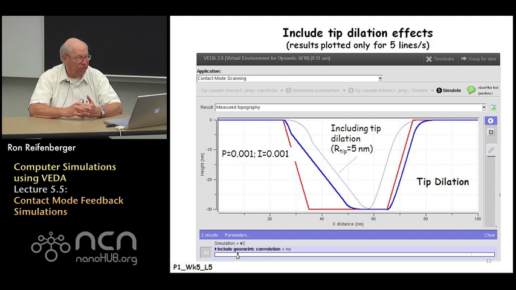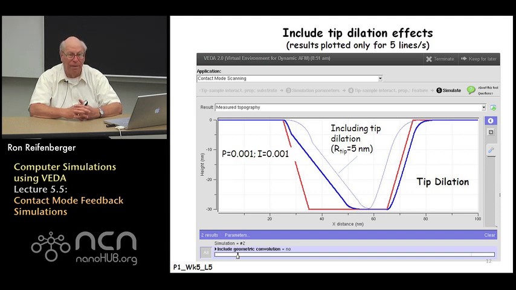In this case, the solid blue line represents the case when the tip radius is 0, right? The solid blue line does roughly reproduce the topography that we specified. The topography we specified is the red curve.